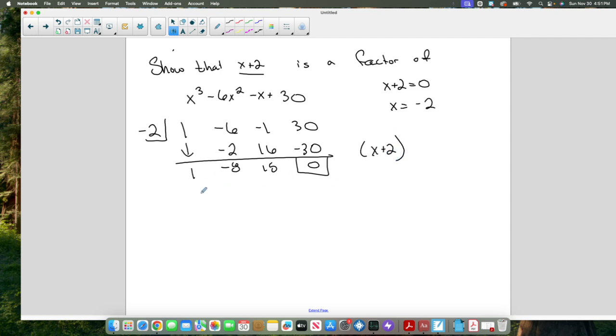And not only that, we could rewrite this as x squared minus 8x plus 15. And we would say, what are my factors of 15 that when I add them together give me negative 8? Hopefully you can do that. That's x minus 3 and x minus 5. Ideally, that's how fast it should be as we're working on this.